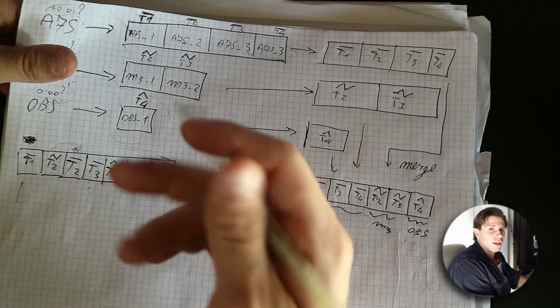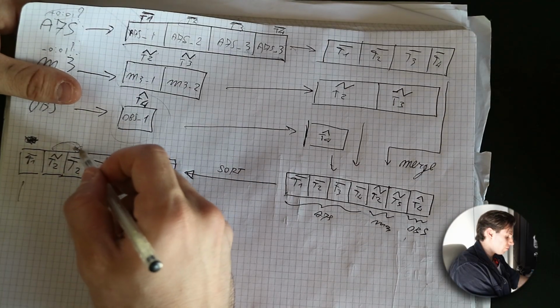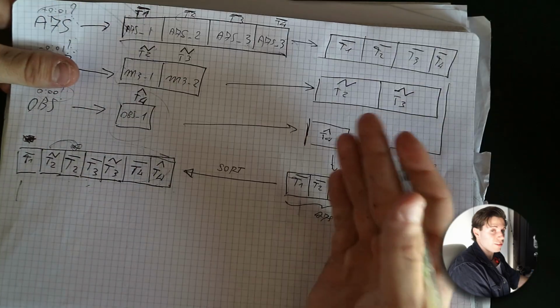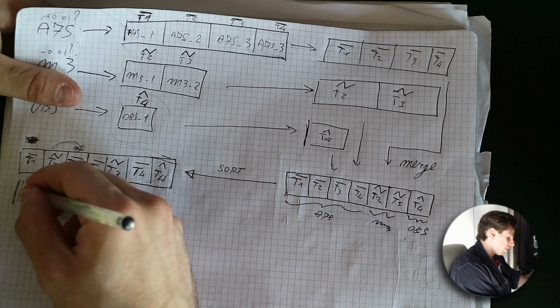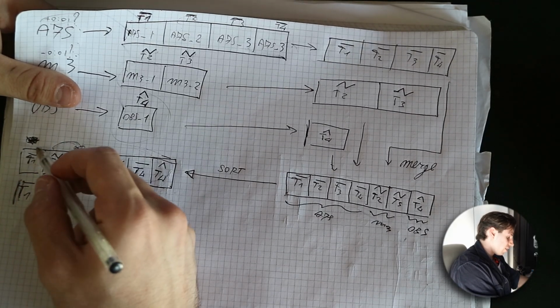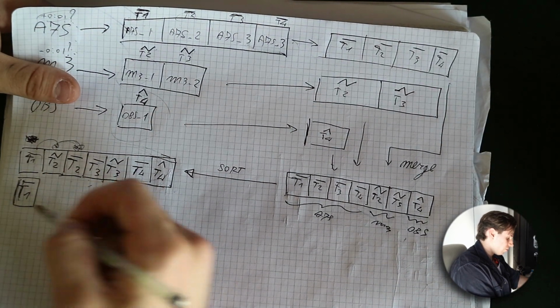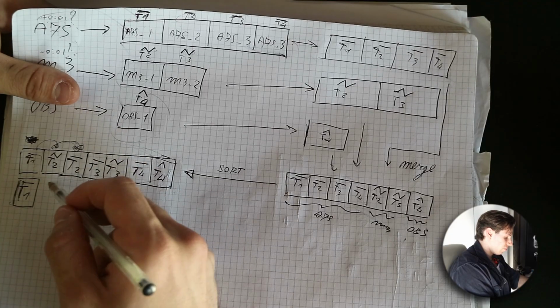Then I will make a simple algorithm that will check if the adjacent value is similar to mine, and if it is similar, it will delete it. So I can get something like this. Does this one have another one similar? No. So nothing happens.